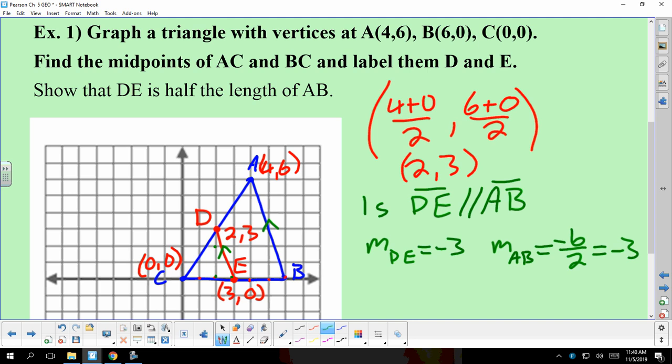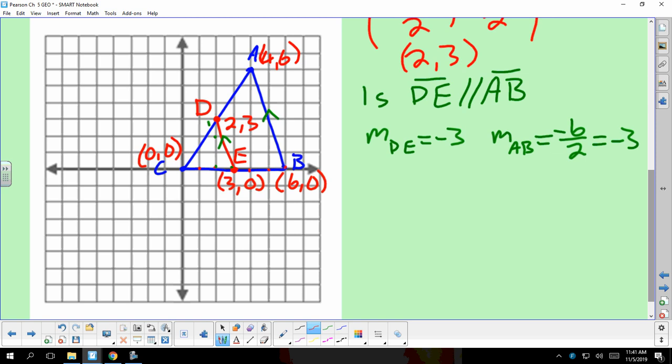The next thing is that it's half as long. So let's find the length of DE and the length of AB using our distance formula. Let's see if they are in fact half. So the length of AB.